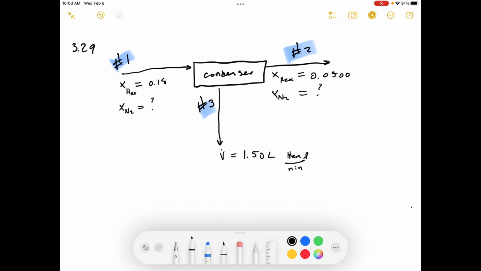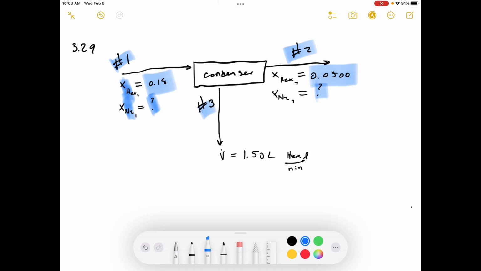I'll try and put a subscript here for each stream. We know that it only has 2 species, so the remainder mole fraction is just 1 minus this mole fraction, and the same thing for nitrogen over here, it's just 1 minus this mole fraction.